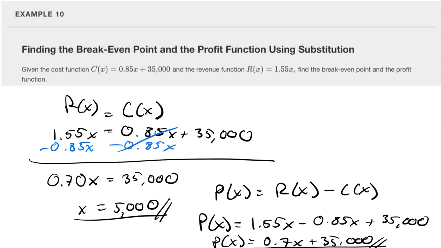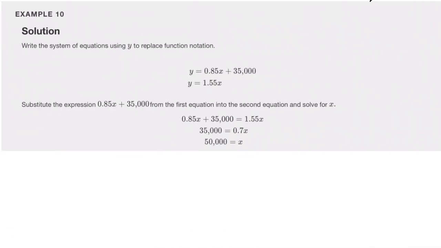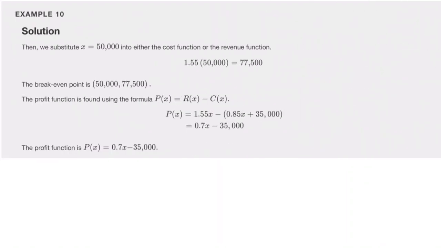Hey Google, what's 35,000 divided by 0.7? 35,000 divided by 0.7 is 50,000. Okay, that's fine. Yeah, we're good on the rest of it.